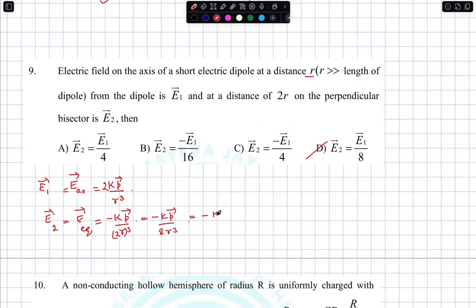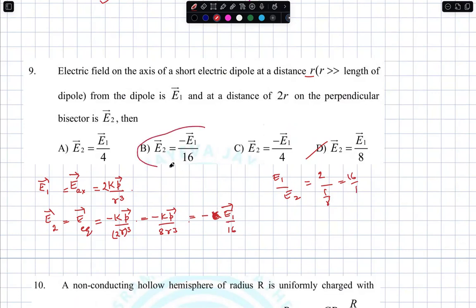I am getting the answer as minus E1 bar by 16. Here E1 by E2, if I take, what happens? If I take E1 by E2, only magnitudes, 2 by 1 by 8, 16 is to 1. Obviously, minus E1 bar by 16.